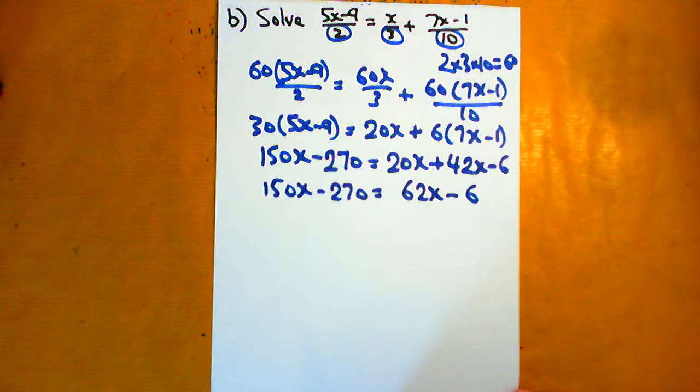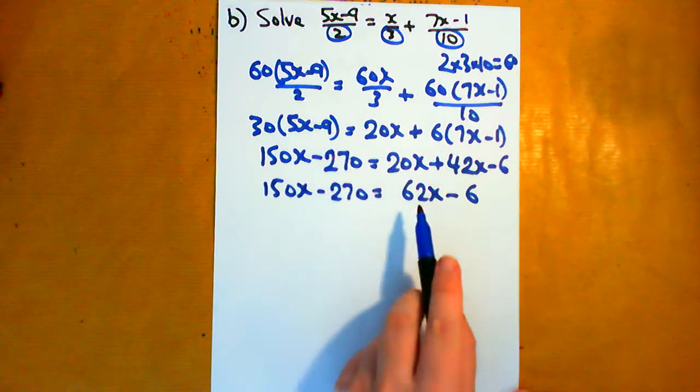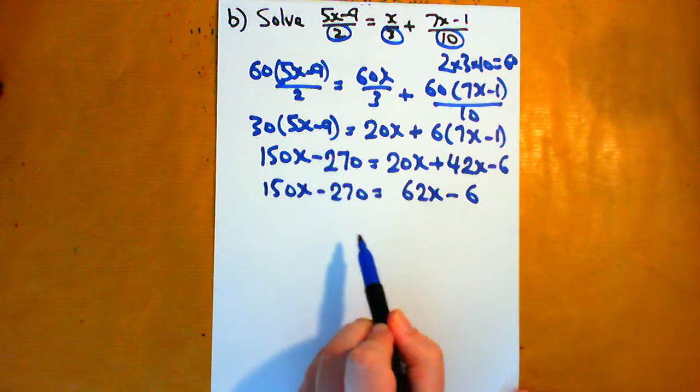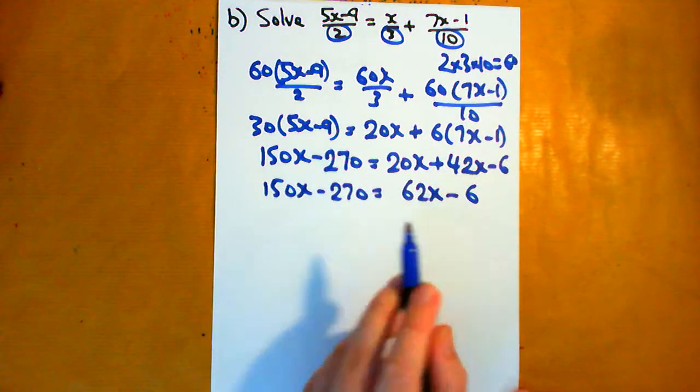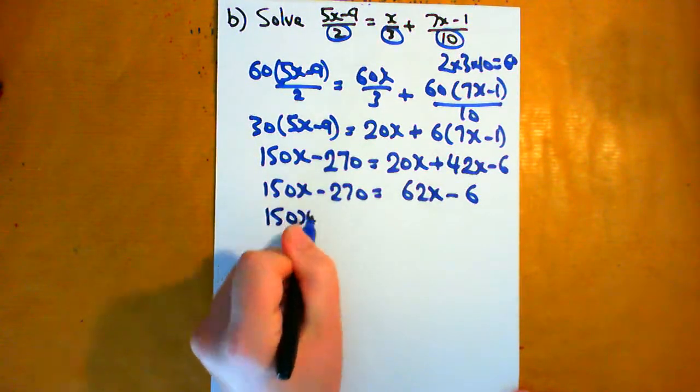Now we'll do the same as what we did in part A, which is all x terms to one side, everything else to the other side. So this is going to give you 150x minus 62x. We're moving the 62x to the other side, and the minus 270 will bring that to the right, so that's going to become a plus 270.